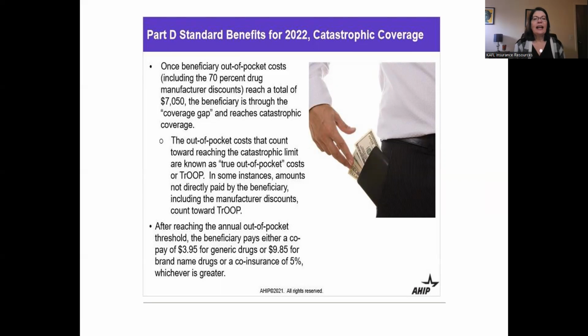And then once they reach this catastrophic coverage phase, their costs are going to be $3.95 for generic drugs, or $9.85 for brand name drugs, or 5%, whichever is greater. So you'll notice that once the person reaches this catastrophic coverage phase and they're through the coverage gap, then the costs go way down.